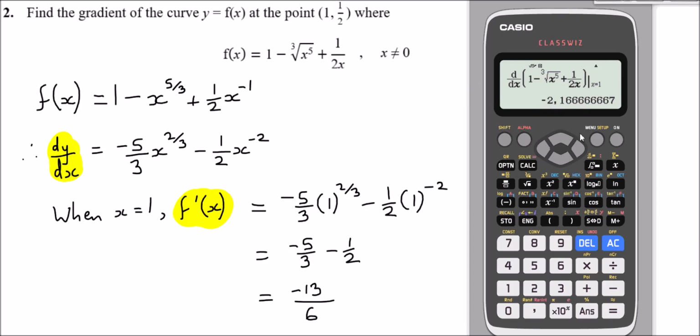So it might seem that this is a different value to the one we've got algebraically, but actually this is the same as minus 2 1/6, but it's been given as a decimal. So that's one and the same as minus 13 over 6.